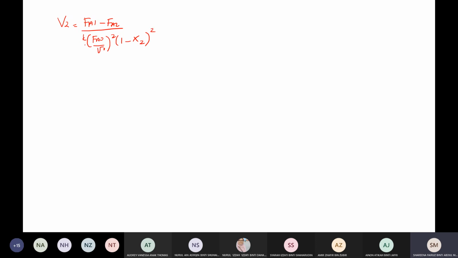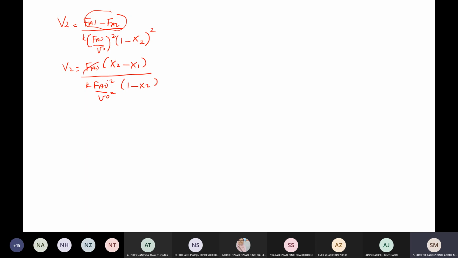So from here, we can still use this one. So this is equal to V equal to FA naught, X2 minus X1. Okay, just take it out. And then we have K FA0 V0 2 and then 1 minus X2.